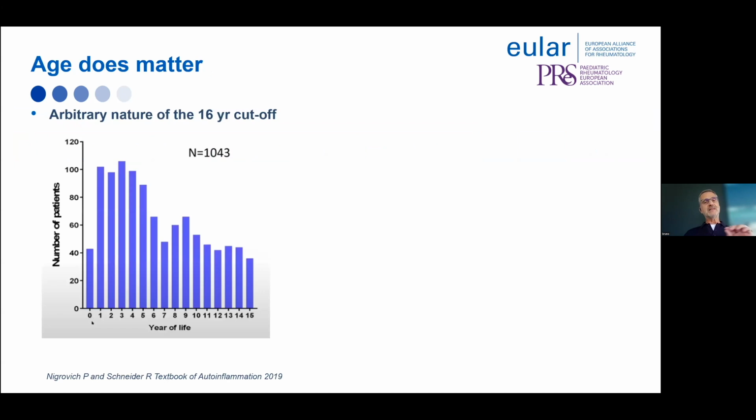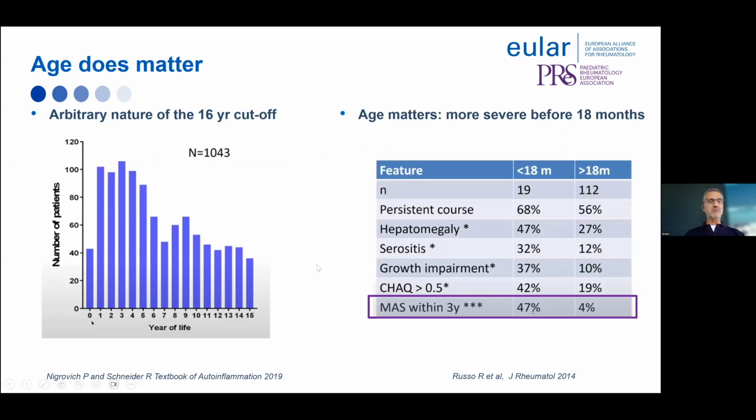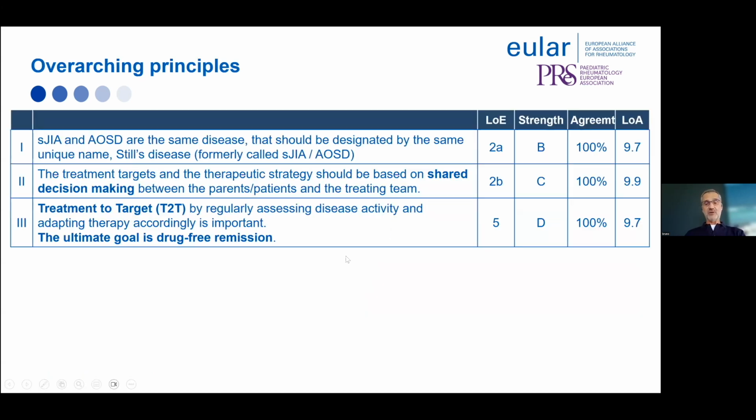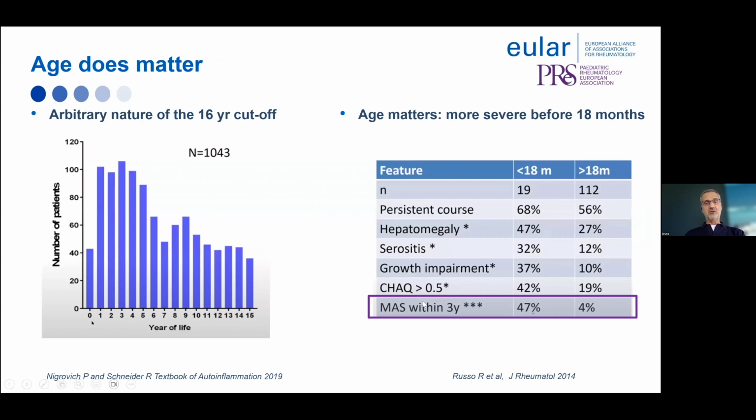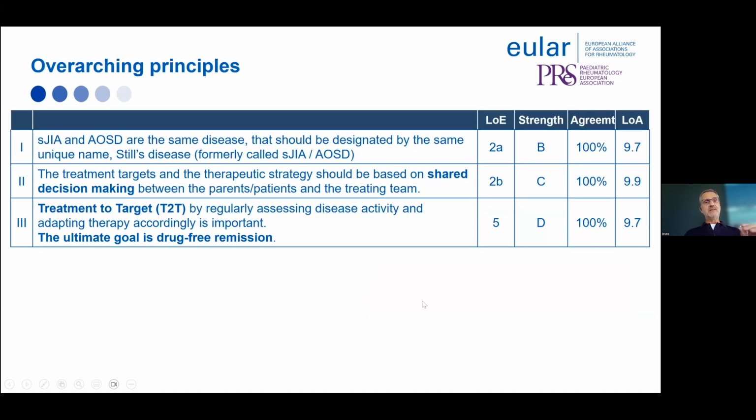Of course, you have some differences between children and adults, and very young children are probably more at risk of developing the disease compared to older children, but it may happen also in adolescents or young adults. And macrophage activation syndrome, for example, is more frequent in very young children. We did two other overarching principles.